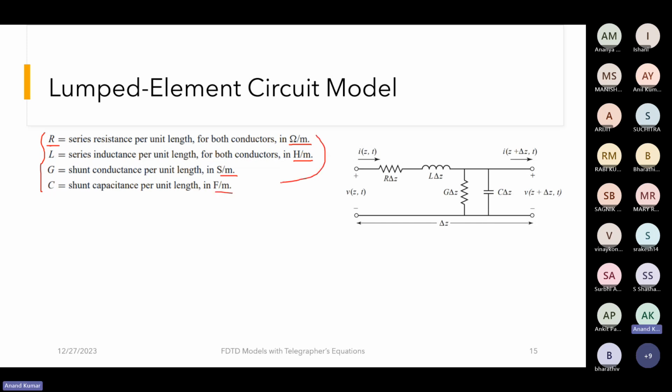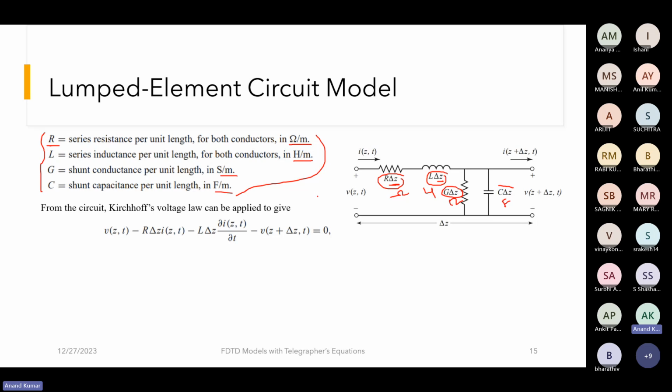You have to keep in mind that the units for RLGC are per meter, and then we are multiplying them with delta Z. So this entire thing will now have the unit ohm. This will have unit Henry. This will again have unit ohm. Together they will have the unit ohm, and capacitance will have the unit farad. You have to keep in mind while reading the parameters.